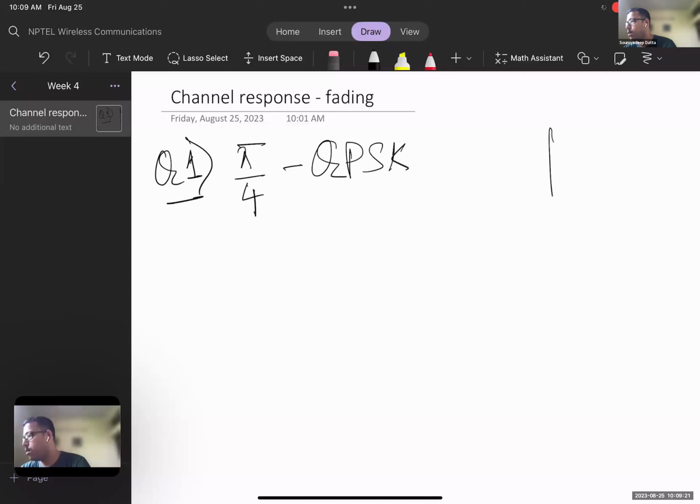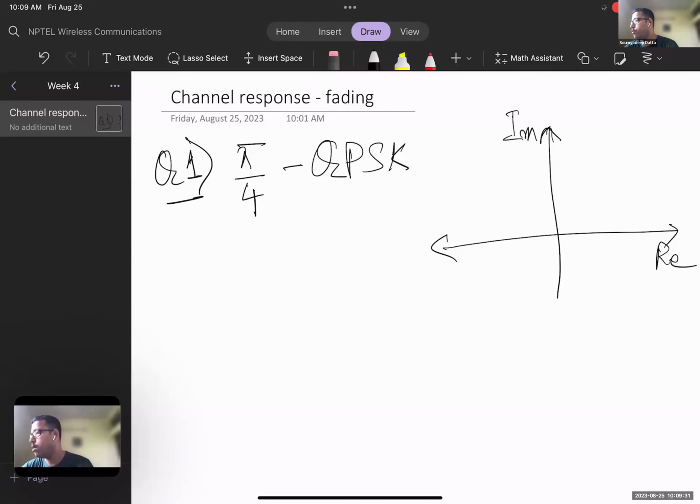You have the real axis and the imaginary axis on the complex plane, and you have 4 points at pi by 4, minus pi by 4, 3 pi by 4, and minus 3 pi by 4. These are the 4 signals that you have.